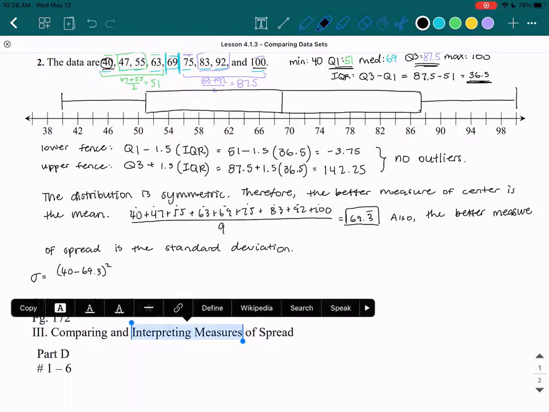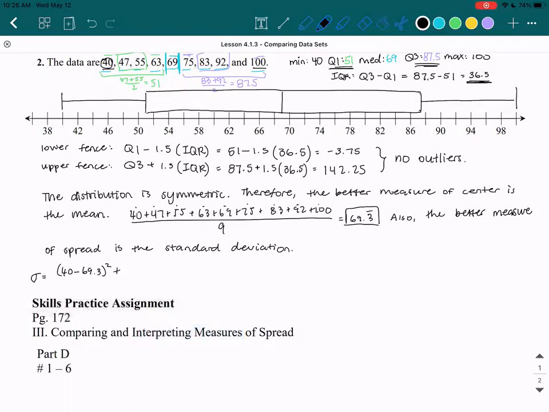And to that, we are going to add the next data point, which is 47, minus the mean, which is 69.3, square it, and then we're going to do that again with the next data point, which is 55, minus the mean, and we're going to square it.